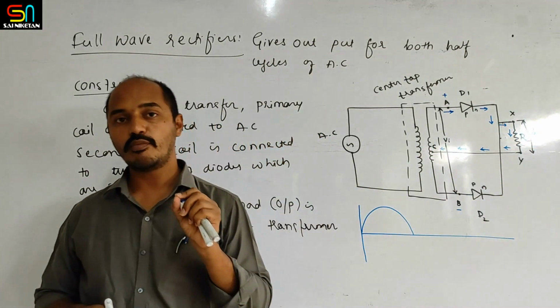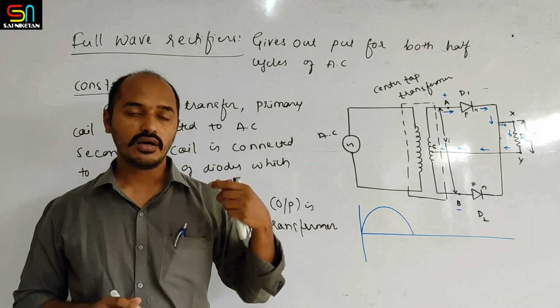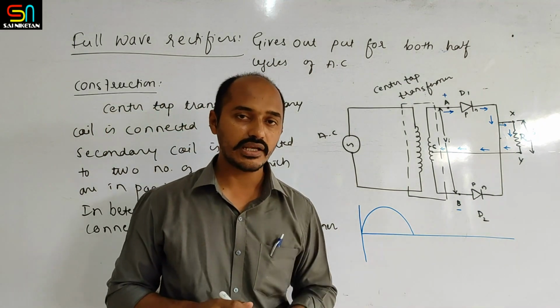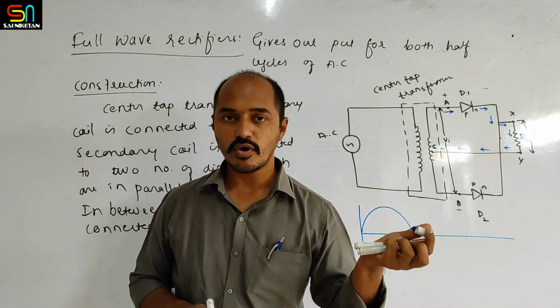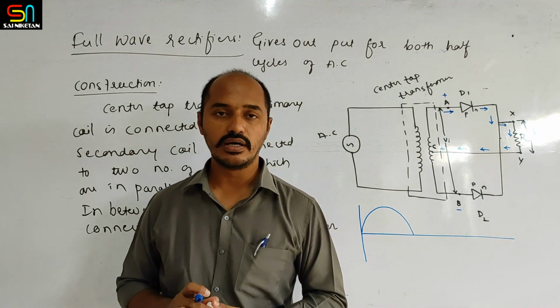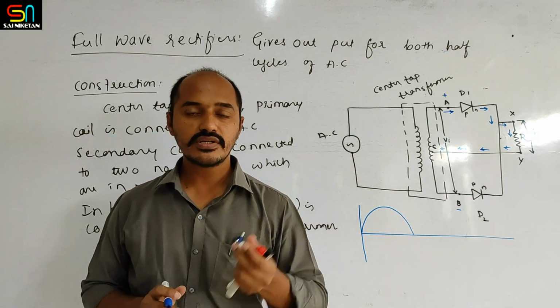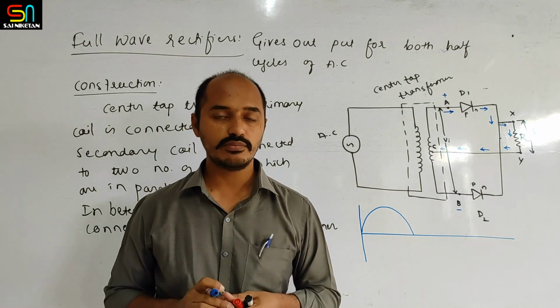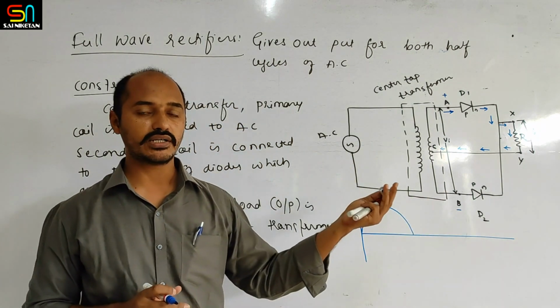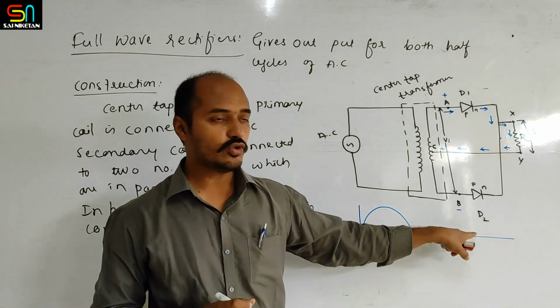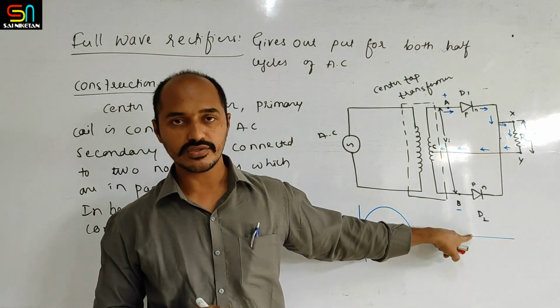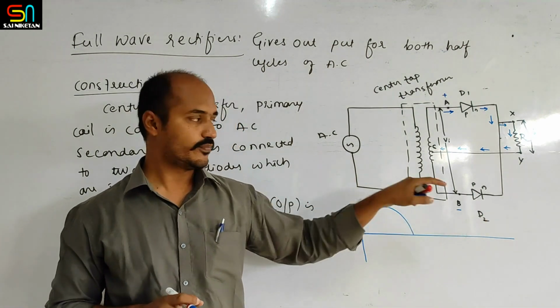So during the positive half cycle, when the voltage is induced in the secondary coil, point A becomes positive and point B becomes negative. Because of this, D1 becomes forward biased, being connected to the positive, and D2 becomes reverse biased because P is connected to the negative.